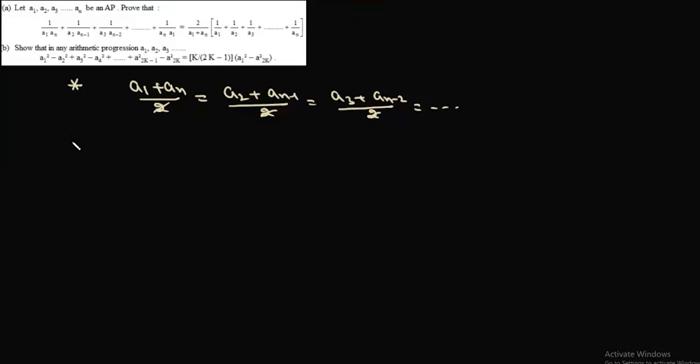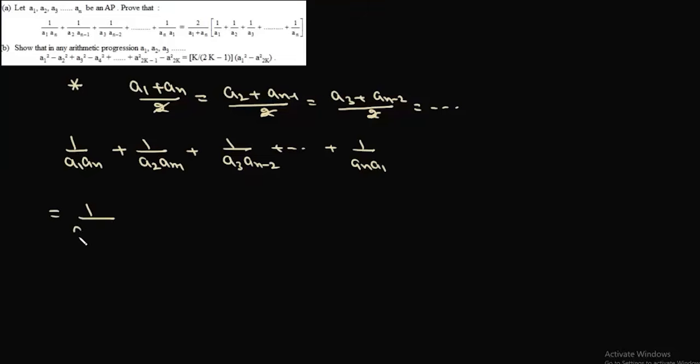Now we'll take this series, which is 1 upon a1 an plus 1 upon a2 a(n-1) plus 1 upon a3 a(n-2) up to 1 upon an a1, and what we'll do is we'll multiply and divide everything with a1 plus an. So we'll write 1 upon (a1 plus an), and we'll multiply everything with it.